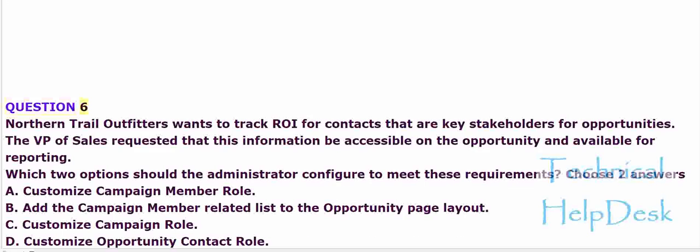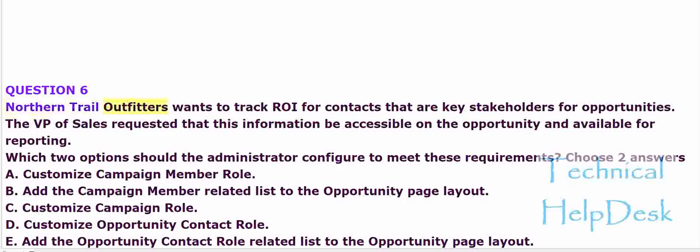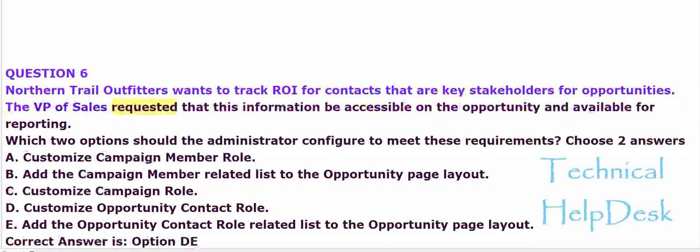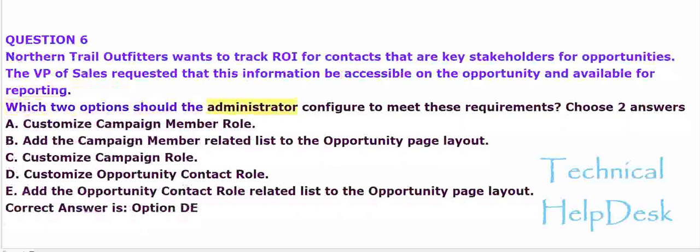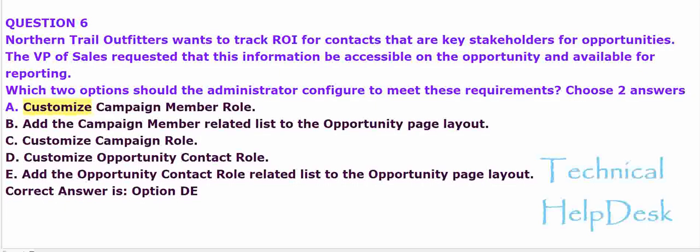Question 6. Northern Trail Outfitters wants to track ROI for contacts that are key stakeholders for opportunities. The VP of Sales requested that this information be accessible on the opportunity and available for reporting. Which 2 options should the administrator configure to meet these requirements? Choose 2 answers. A. Customize campaign member role.